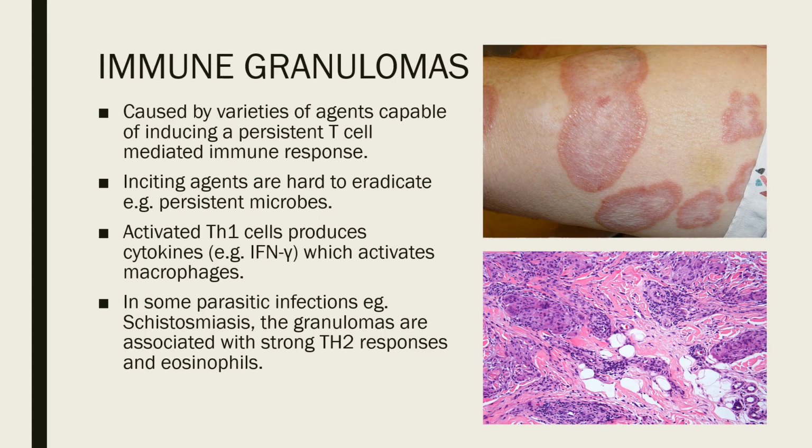What are immune granulomas? They're caused by a variety of agents capable of inducing a persistent T cell mediated immune response. This occurs in places where it is hard to eradicate the inciting agents, for example persistent microbes. This activates the Th1 cells, which produce cytokines, for example IFN gamma.